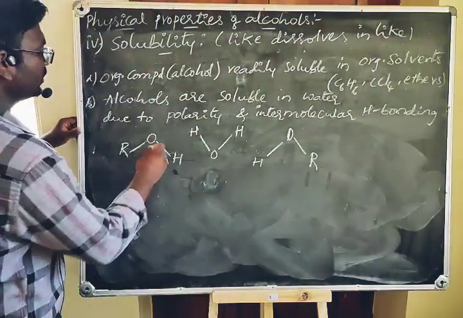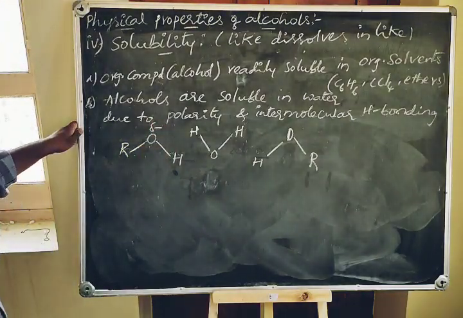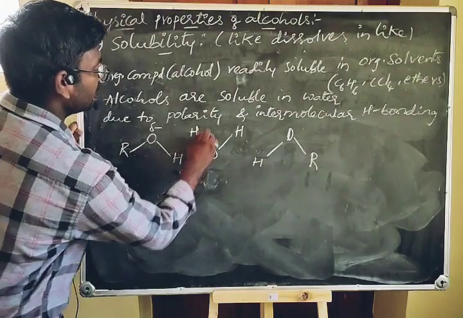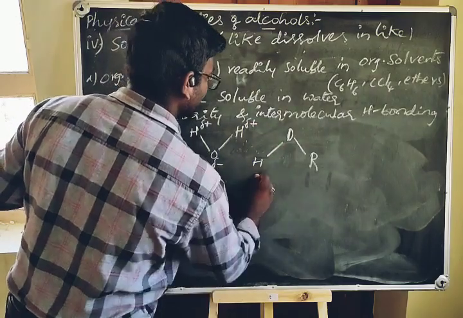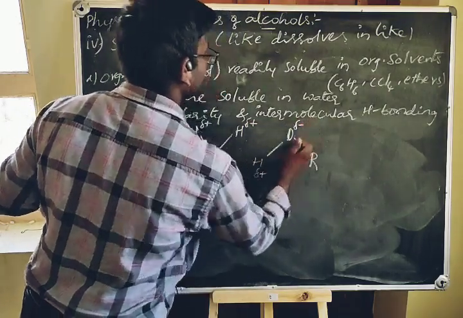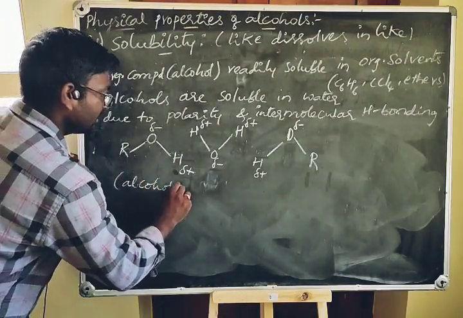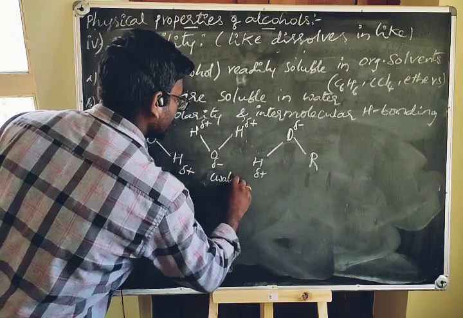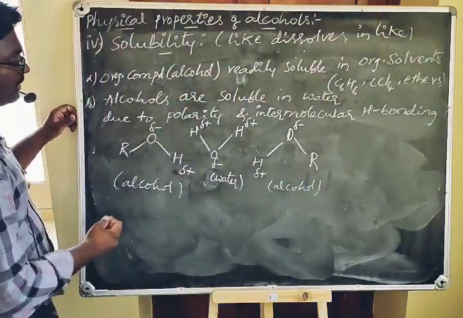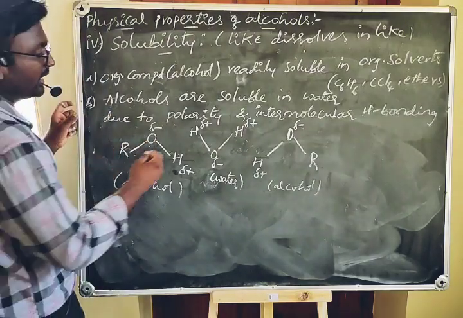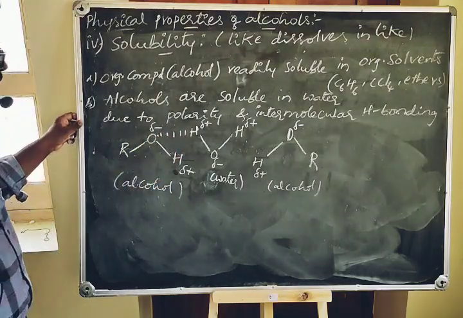You know that oxygen is the most electronegative element, therefore electron density on it is high, and here it is delta plus, here also it is delta plus, and oxygen is delta minus. This is an alcohol, this is water, this is again alcohol. The force of attraction between hydrogen and the most electronegative element is called hydrogen bonding.